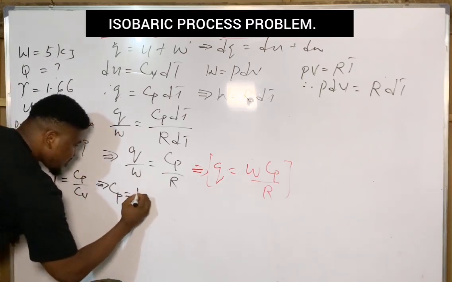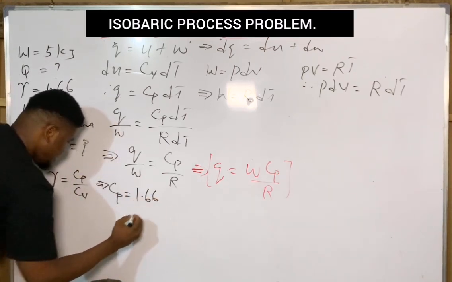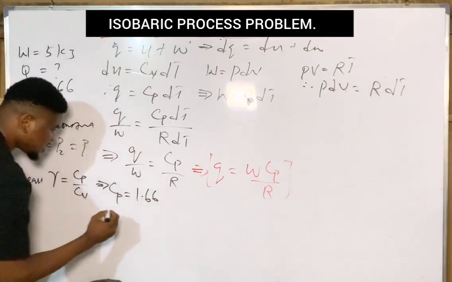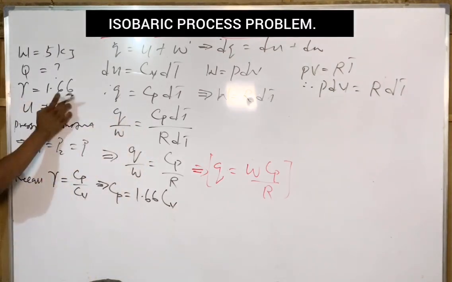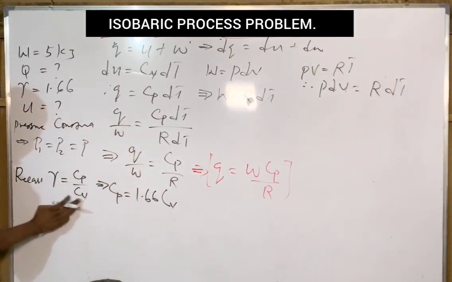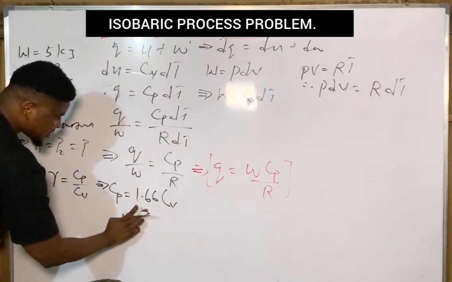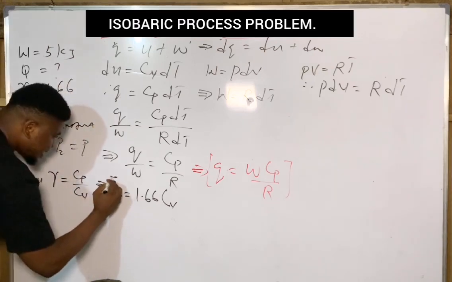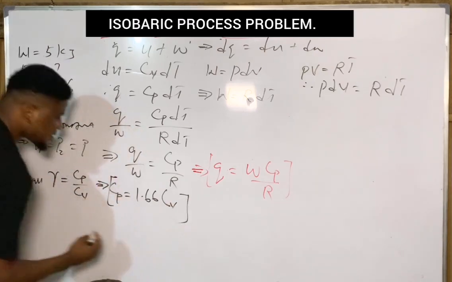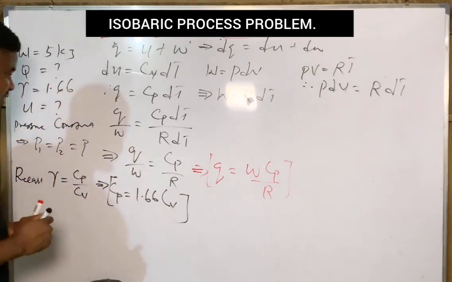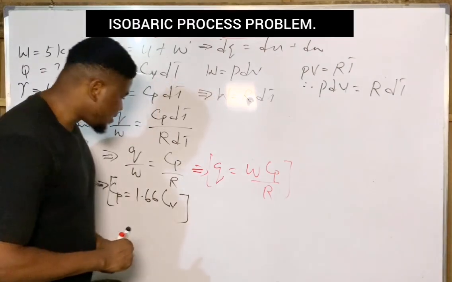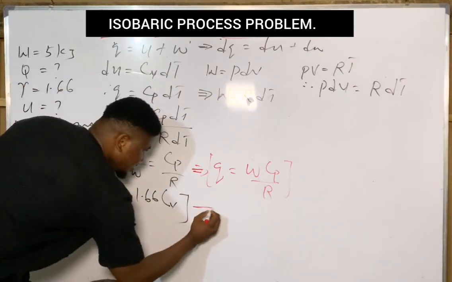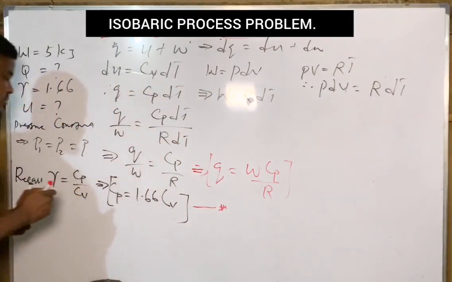Cp becomes gamma times Cv, gamma is 1.66, so Cp is 1.66 times Cv. You can outrightly plug that into this equation if you wish. Let's call this equation star.